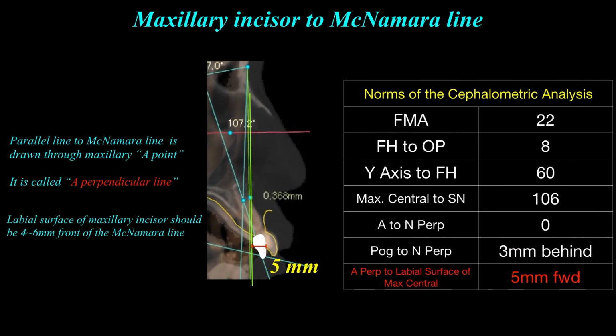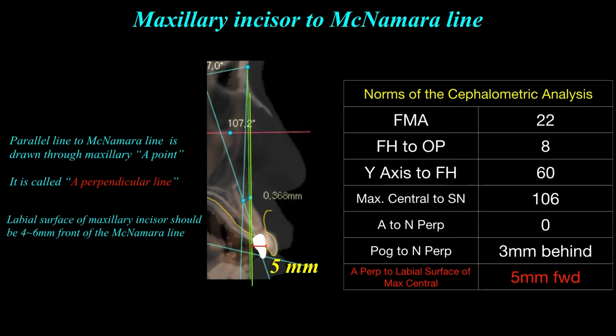Pogonion is usually 3 millimeter behind the nasion perpendicular line. A point McNamara line gives us guidance in where to place central incisor. It has to be placed 4 to 6 millimeter in front of A point McNamara line. When you actually do 3D Ceph analysis in R2GATE, you will be very surprised because it's a very intuitive and easy to use program.